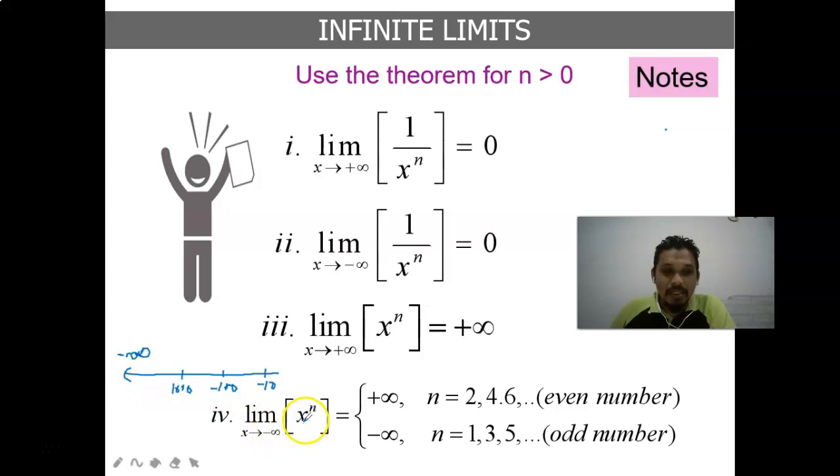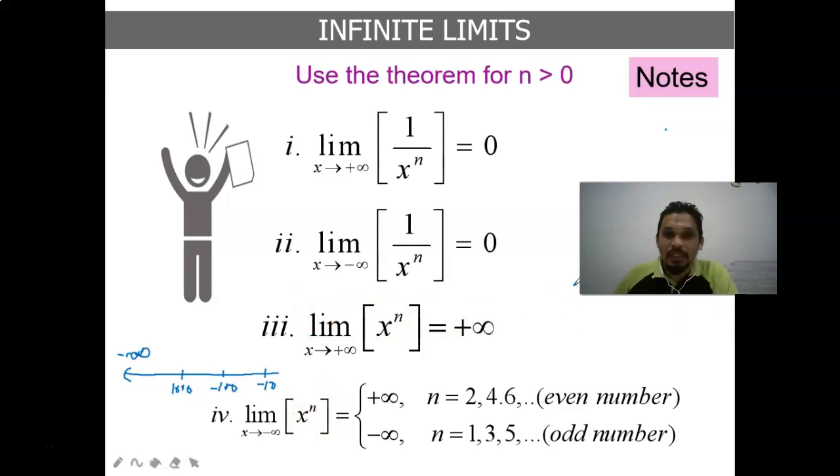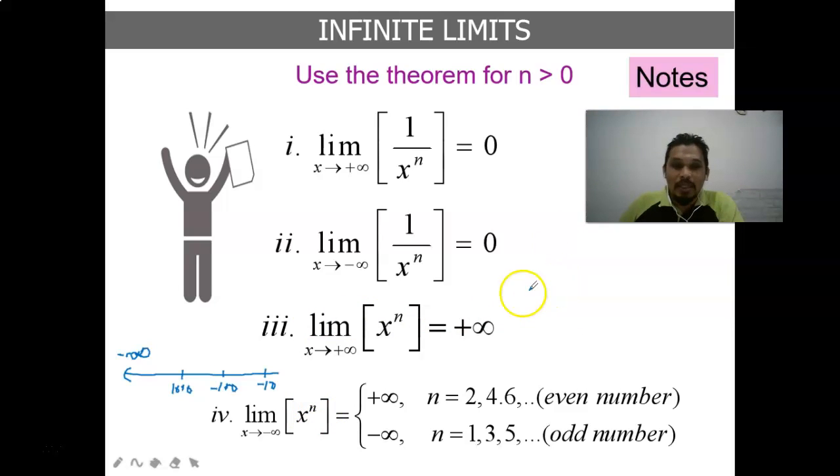So when the value is negative to the power of n, let's look at an example. Let's say I choose x equals negative 10, with n an even number: 2, 4, or 6. Let's take a simple example. When n equals 2, negative 10 squared equals 100.